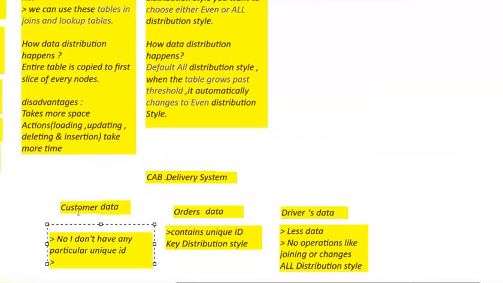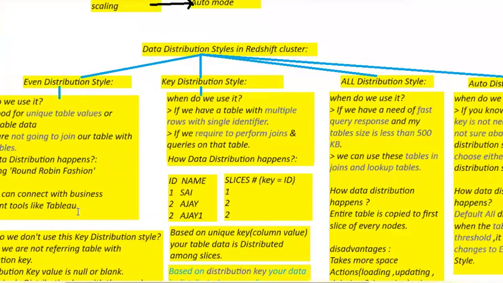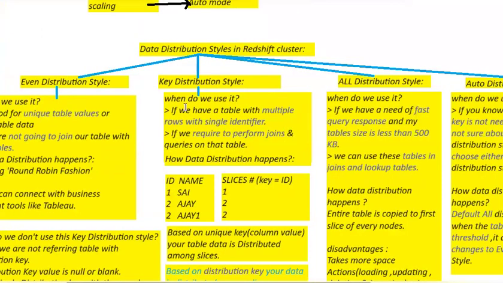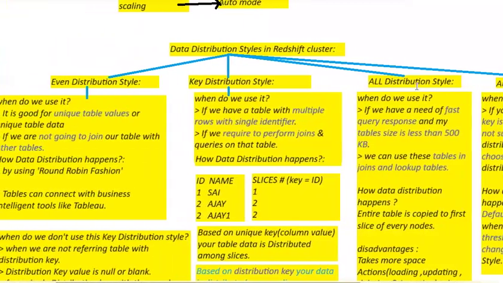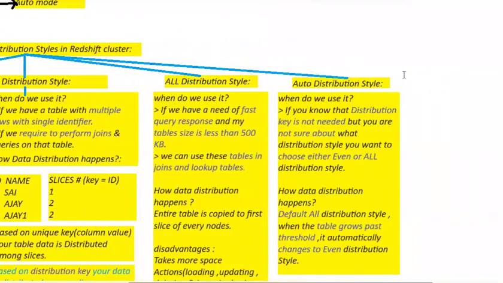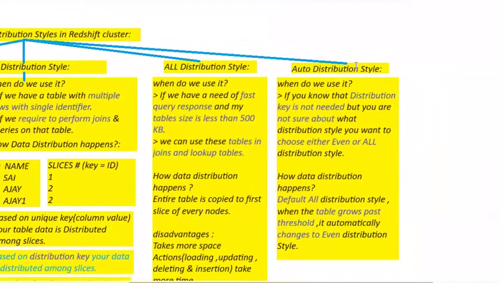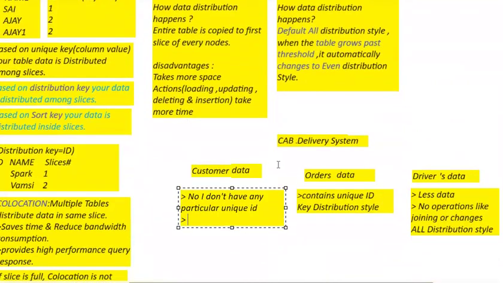Since I don't have a particular distribution key, I cannot use key distribution style. So what is left? Even distribution, all distribution and auto distribution. And I don't know whether to choose even distribution or all distribution. So which type of distribution will I prefer? Auto distribution. So for customer data, which distribution style is preferred? Auto distribution style.